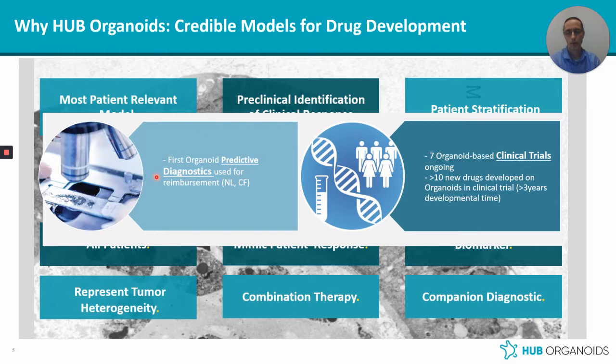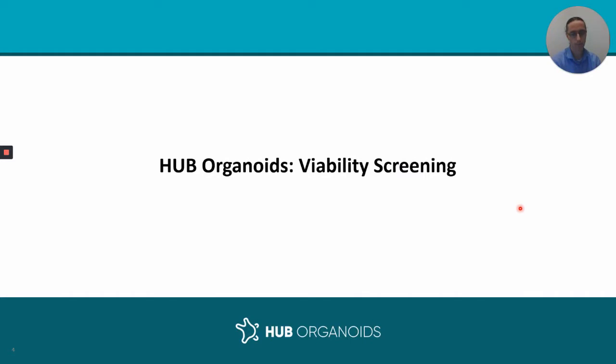In the clinic now, we already have the first organoid predictive diagnostic used for the justification of reimbursement of cystic fibrosis medication, and we have multiple clinical trials based on organoids going, and also drugs developed using the organoid technology in clinical trial at the moment.